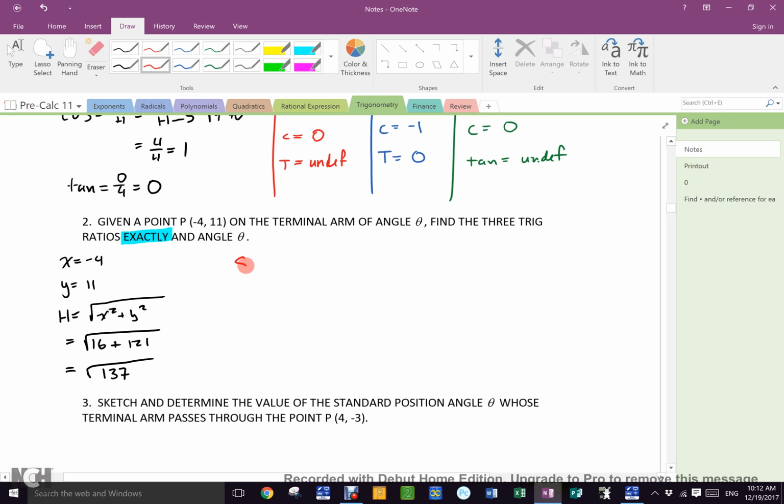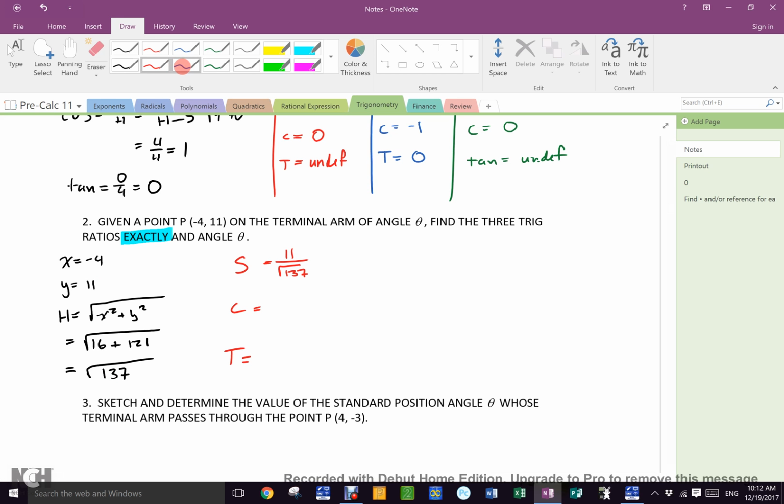Tell me the sine, the cos, and the tan of theta. Sine is 11 over root 137, because it's y over hypotenuse.